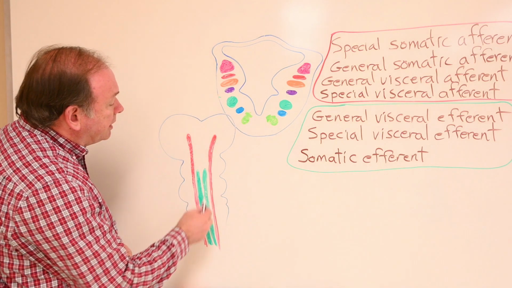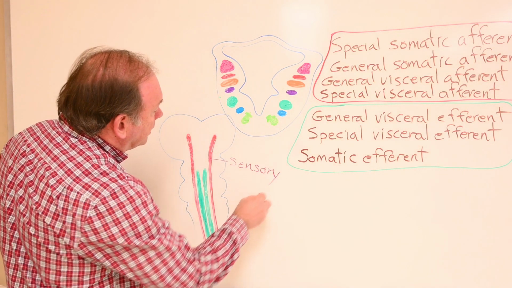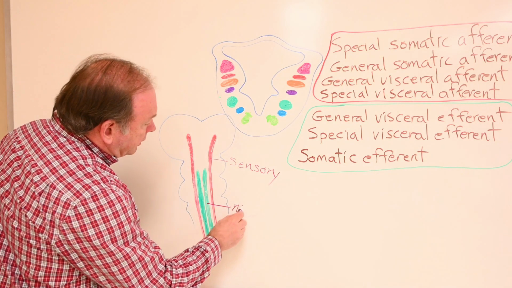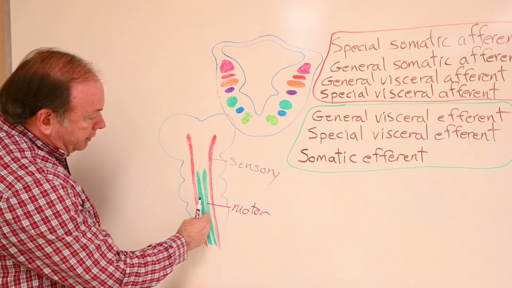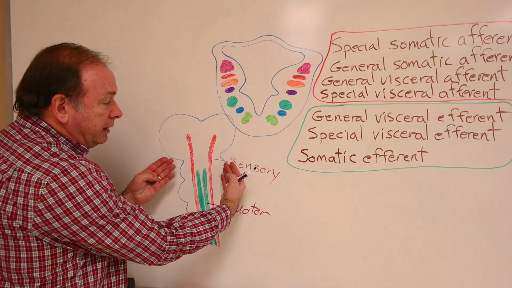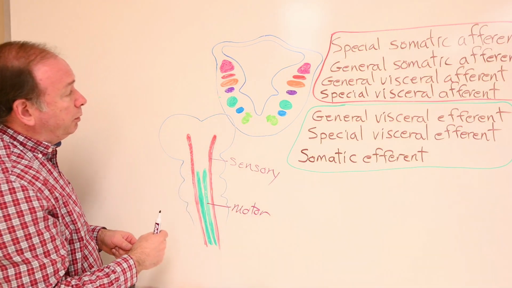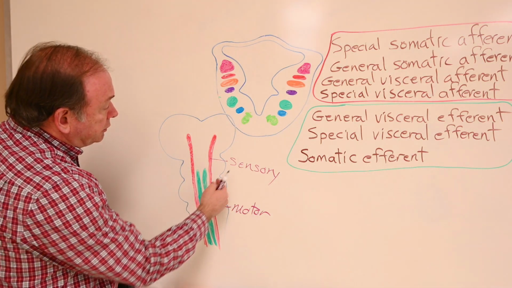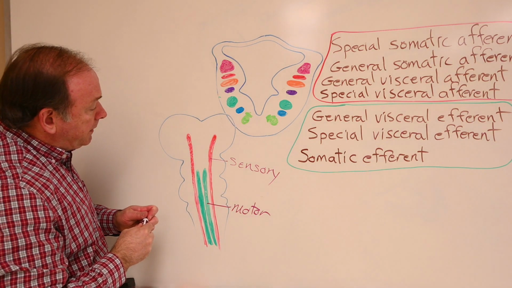So you have sensory functions in the red, and you have motor in the green. I draw the green to the middle, just like if you'd cut down the middle of the top of the brain and then laid it open, your sensory then would be more to the outside and motor to the middle. But anyway, sensory's on top and motor's down deeper and toward the floor of the brain there.